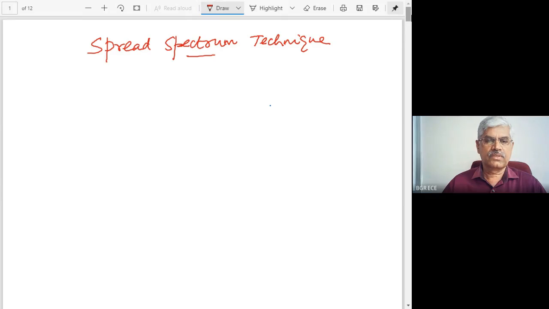As far as the channel is concerned, only white noise might have been considered, additive white Gaussian channel. So channel must have been modeled as additive channel, white noise channel, Gaussian channel, and the corresponding time domain waveform would have been assumed in order to analyze the performance of these techniques.